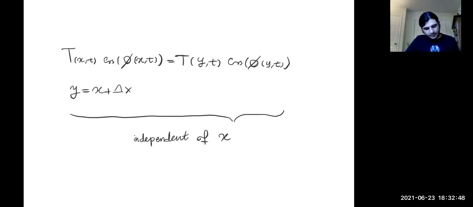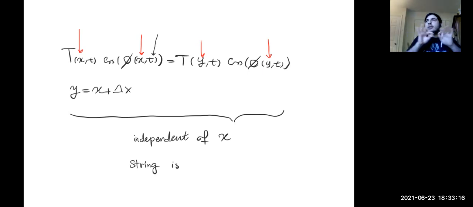It's independent of this variable here. Doesn't matter what it is. This product is always something constant, right? Under some assumption, it even doesn't depend on the other variable, the time t.